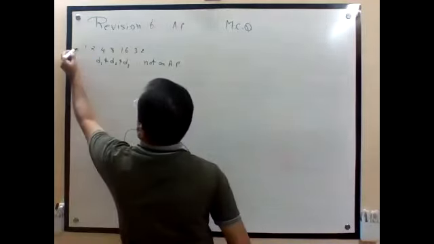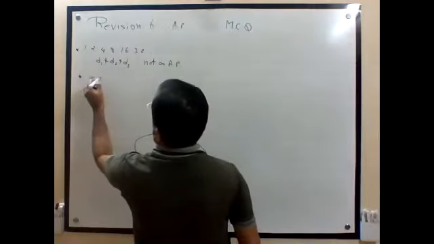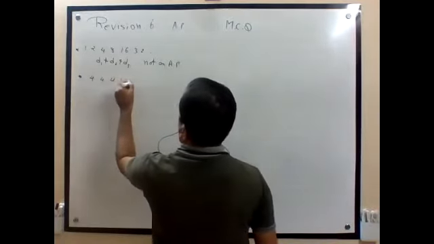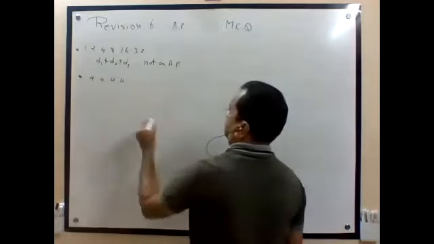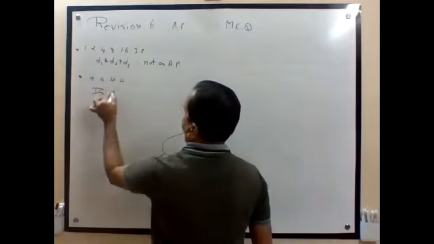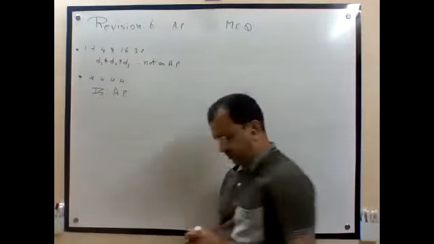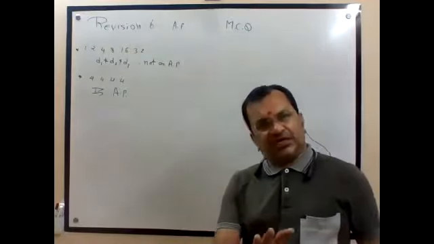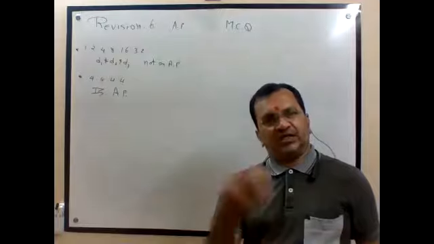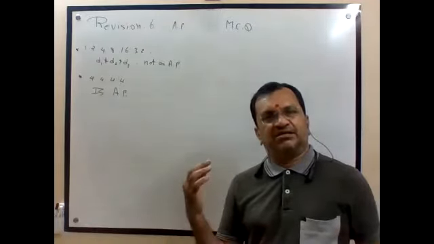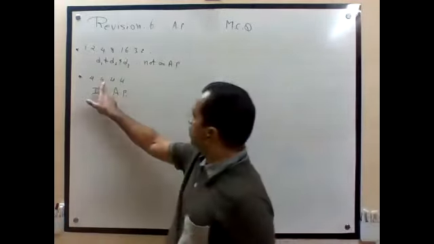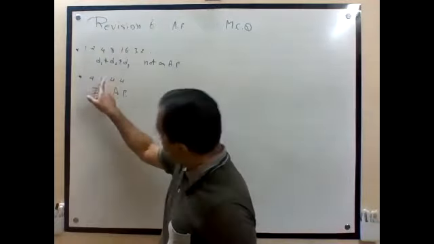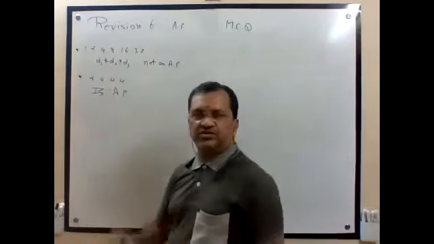Now very good question. 4, 4, 4, 4, dash. Is it AP? For AP, what is the condition? That all the differences should be equal. So D1 is 0, D2 is 0, D3 is 0.